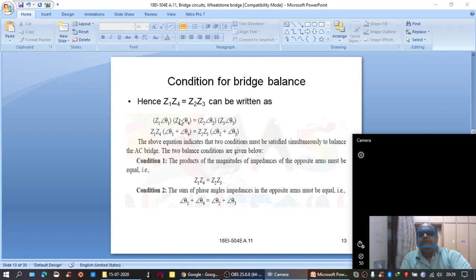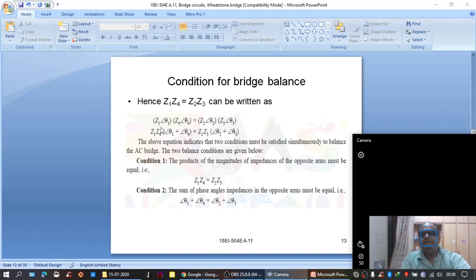Here we have one magnitude and phase angle each. When magnitudes are multiplied, they simply multiply, that is Z1 Z4. But when phase angles are multiplied, only the sum has to be taken. Why?